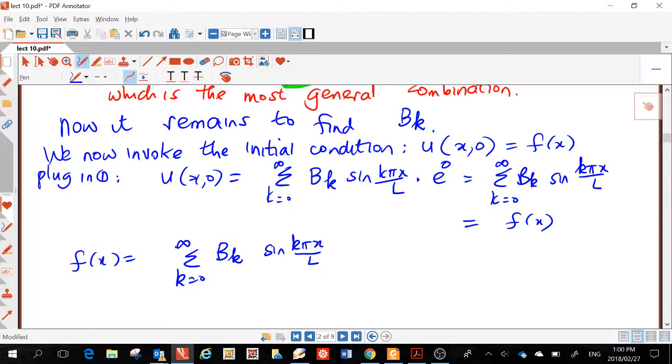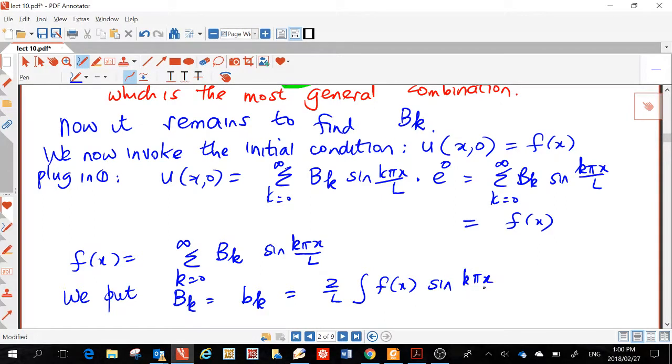So we put bk equals 2 over L integral f of x sine k pi x over L dx from 0 to L.